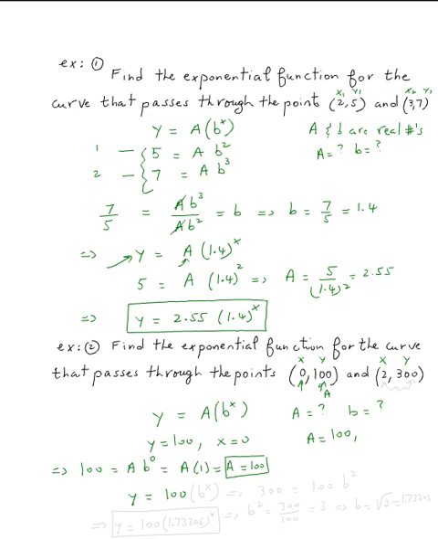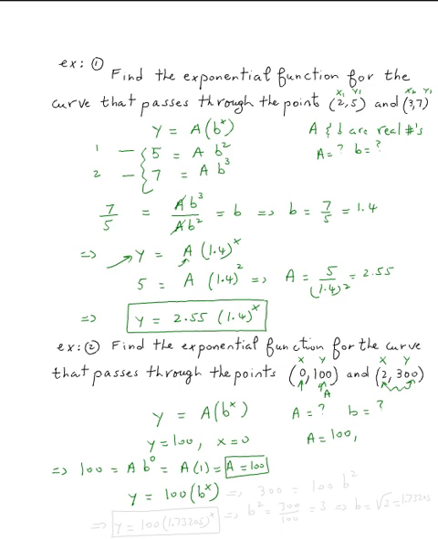Now that we know a is equal to 100, plug it back in. Y equals 100 b to the x. And all we need to do is find b. How do we find b? Use the second point right here. Don't use the first point, because every time you use the first point, the b is going to disappear. When you do b to the 0, it's going to give you 1, and the b goes away.